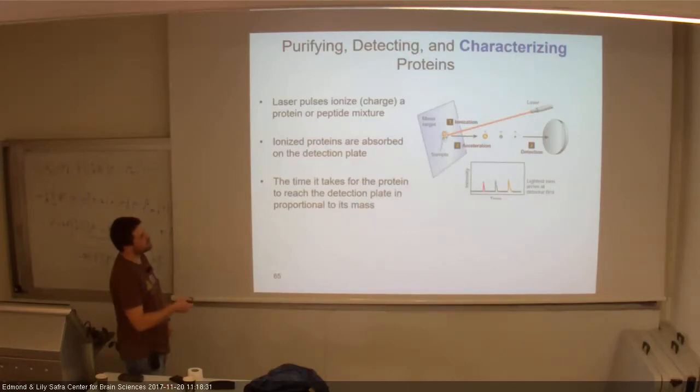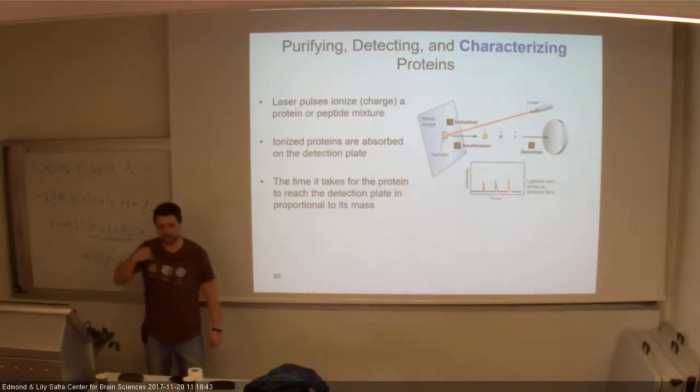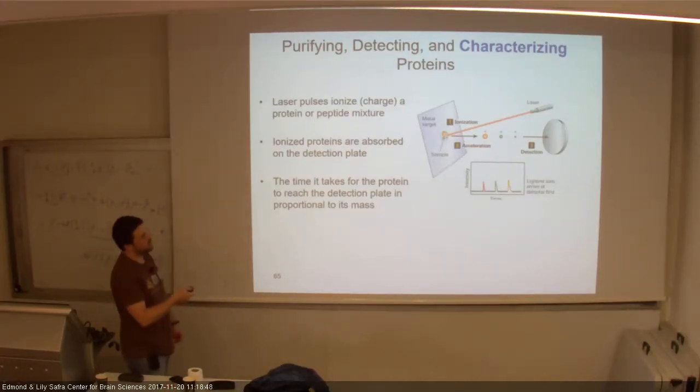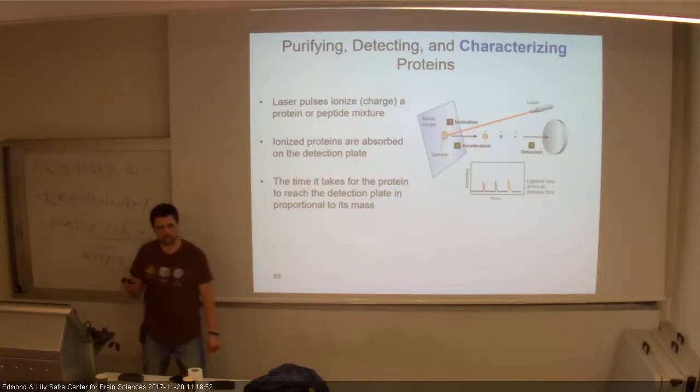So the laser charges the molecule with a positive charge, and then because there are very strong electric fields through these plates, the molecule accelerates through the space, and the speed of acceleration is inversely proportional to the size or the weight of the molecule.